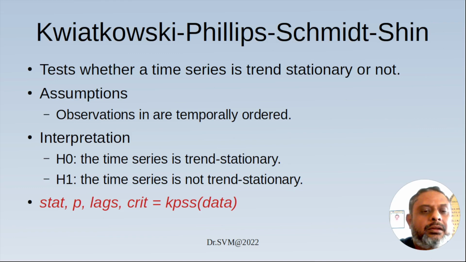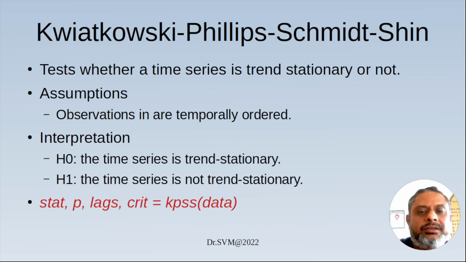On the other side, if it is not stationary, then whatever activities we do with this temporal data are not going to provide us any accurate results, because all the analysis we do on temporal data assumes that the data is stationary.